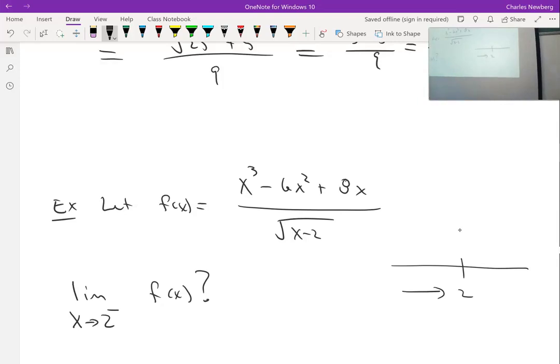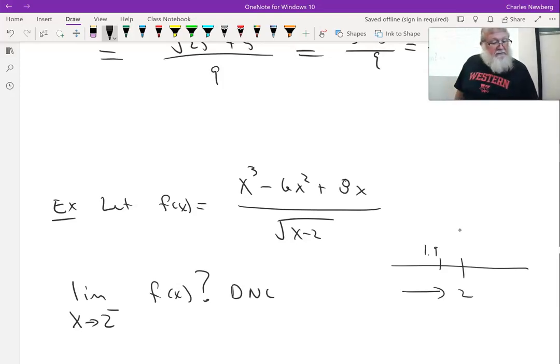It's got to be close to 2, but not right at 2. All right, I'm going to pick out 1.9. Nice simple number. If I put in 1.9, 1.9 minus 2, positive or negative? Negative. Oh, so it doesn't even exist on that side of 2. So what is this one?